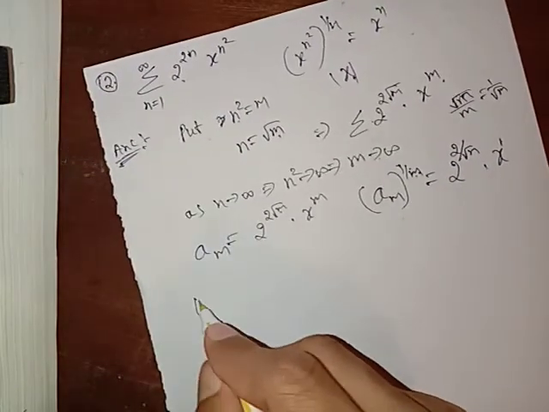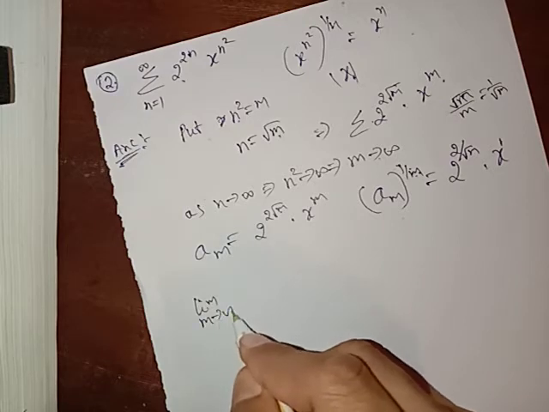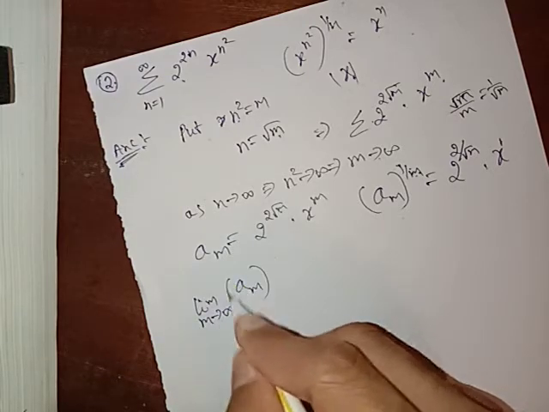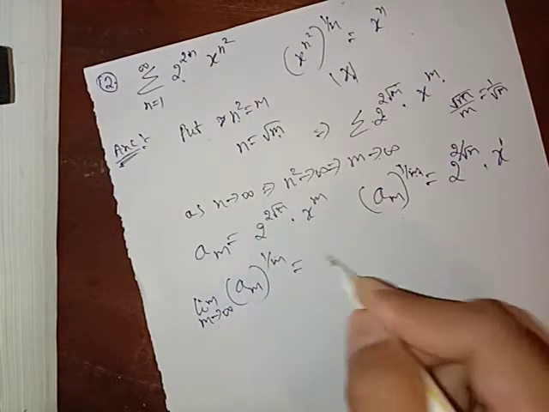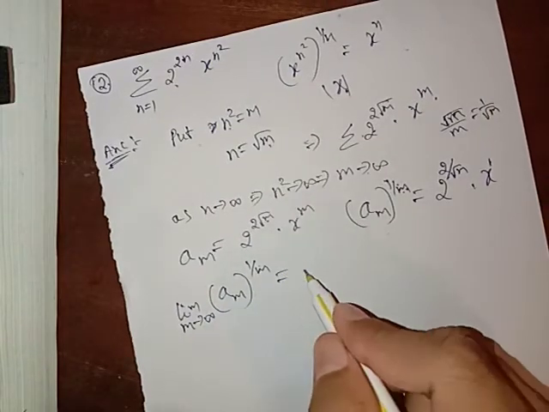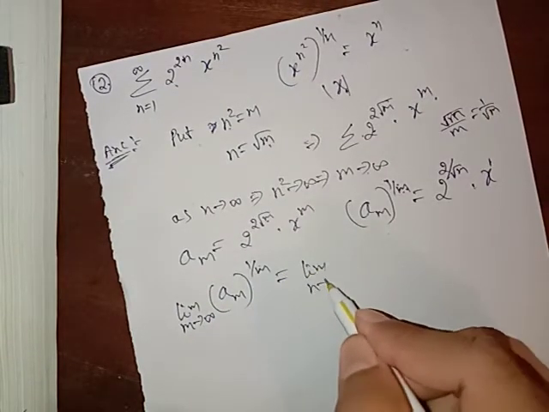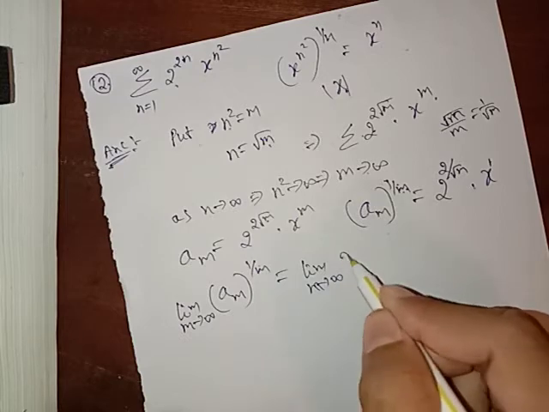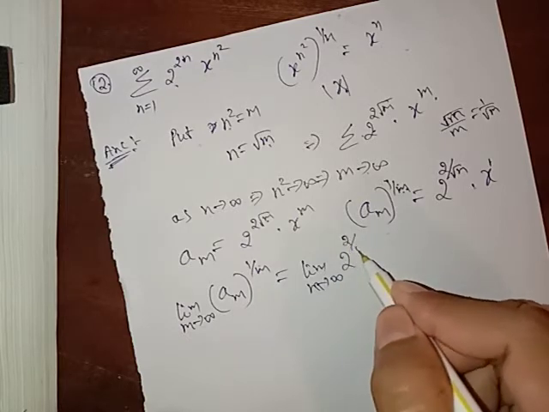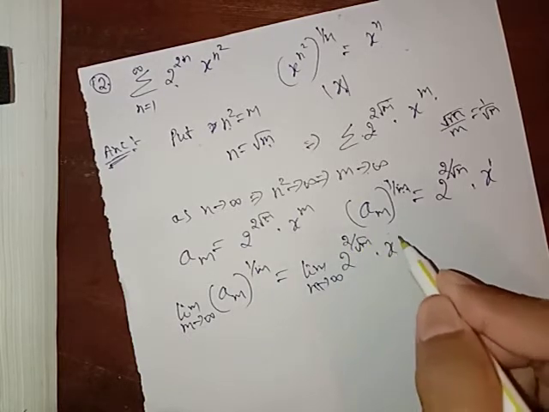So what is the limit as m tends to infinity of a_m raised to 1 by m? It is the limit as m tends to infinity of 2 raised to 2 divided by root m into x raised to 1.